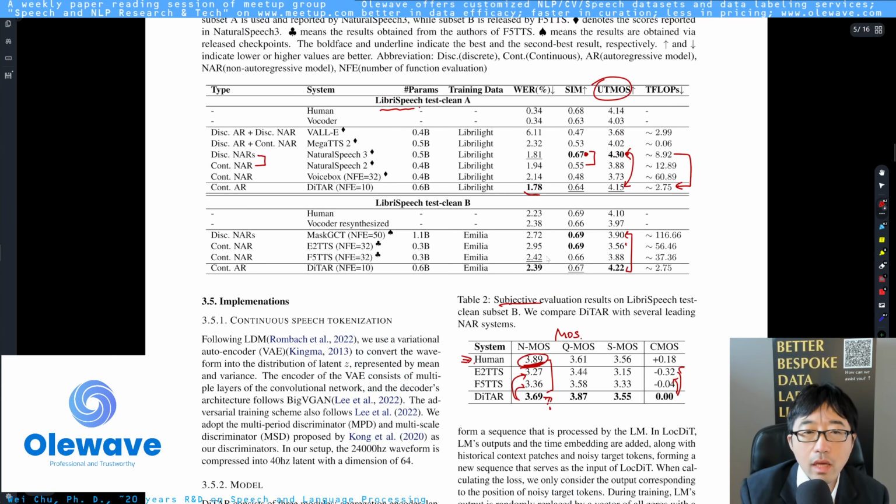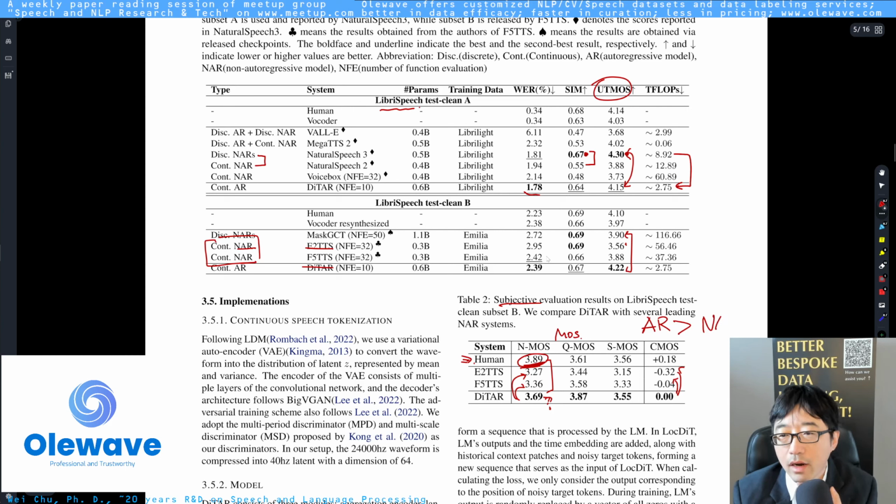And the E2-TTS are here, F5-TTS are here, and they are both, oh, they're both non-autoregressive, but using continuous tokens. So I do agree that according to their CMOS comparison, AR is better than NAR.